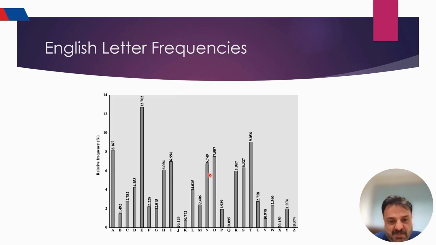So we have the percentage of occurrence of A to Z. We know that, for example, the most frequent letter is E with 12 point something percent of the occurrence, and the next one is T with 9 point something percent occurrence, and so on. So we can use this characteristic for cryptanalysis of a message.